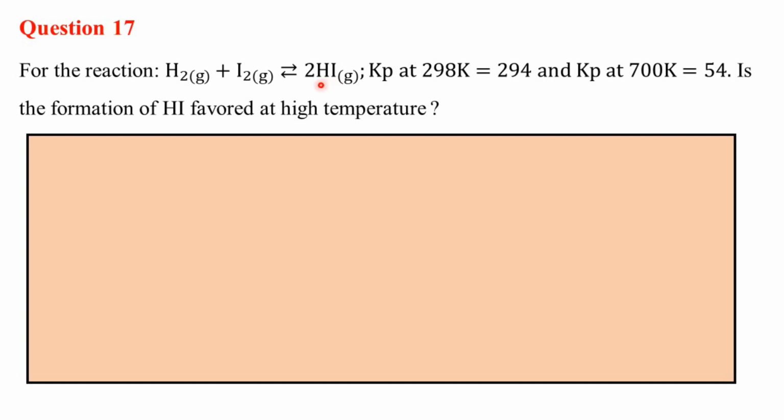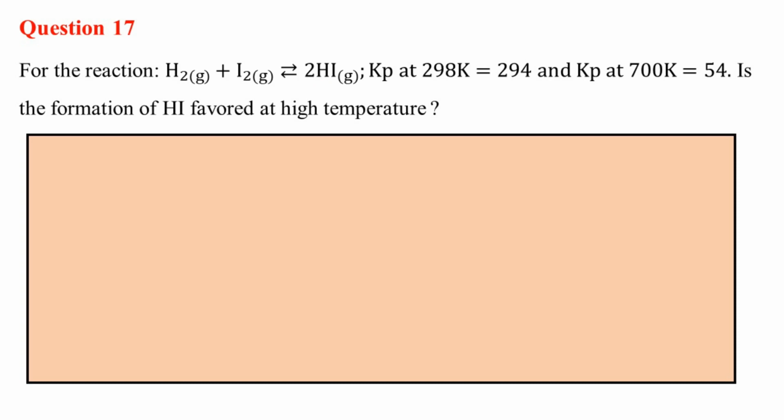We need to check the Kp. When we have a high Kp, that means we will favor the formation of the product. A low Kp favors the formation of reactant. So to check, we check whether at the high temperature we have the high value of Kp.